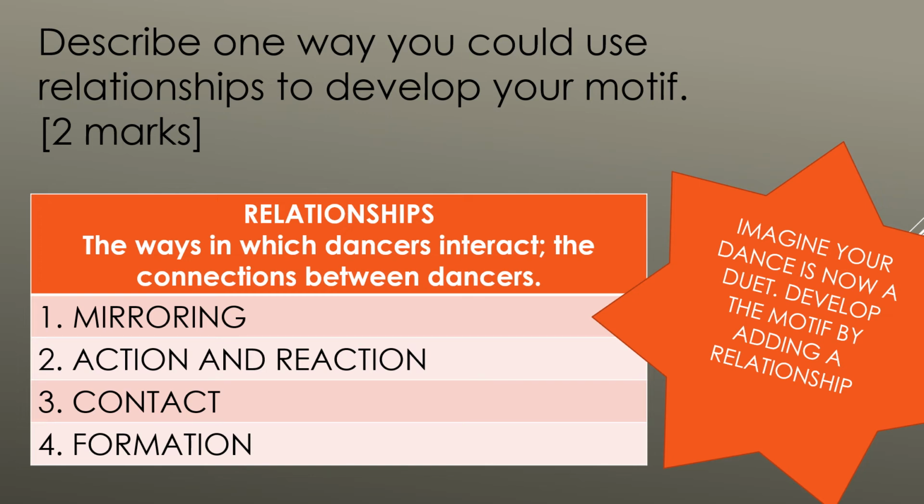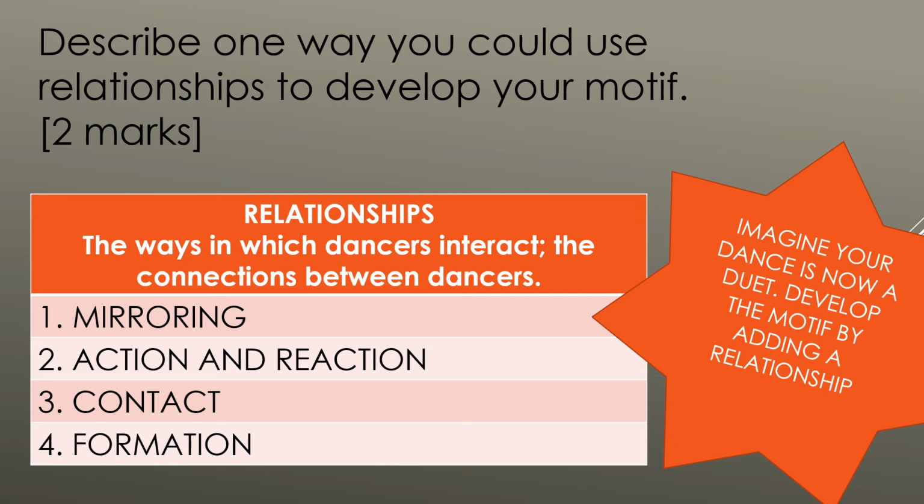Number 3, contact. So a contact relationship is anything in physical contact with each other. Again, we did this in rock and roll, so it could be any lifts, any counterbalances where you are physically touching the other dancer. And formation is a relationship, and it is the shape in which the dancers stand in.